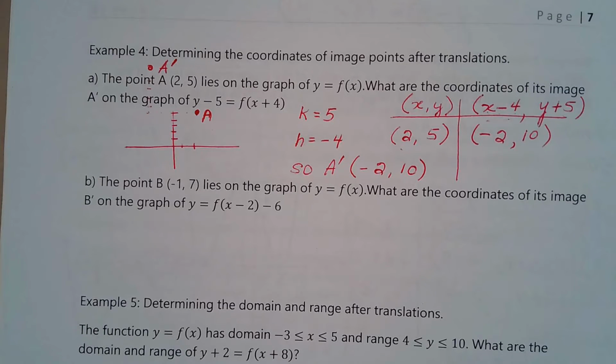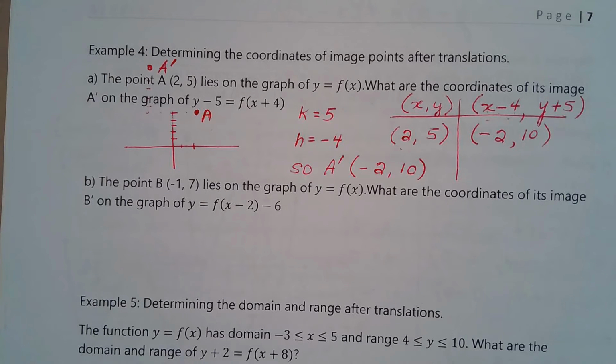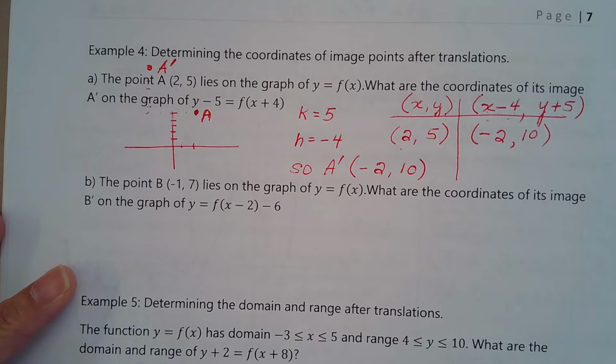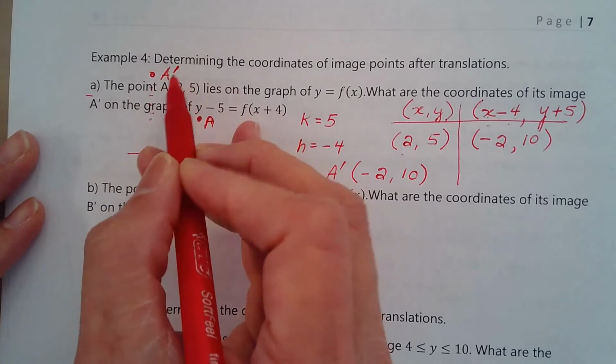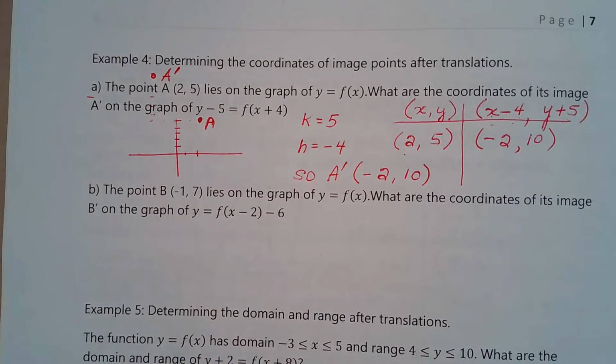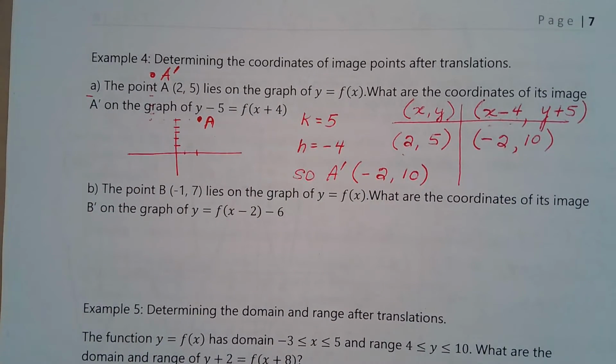If you have two different translations, then if that's a question, question A would give an A prime, and then there would be a question B with a different translation, that's another A prime. So a separate question. Is that okay? Yeah.